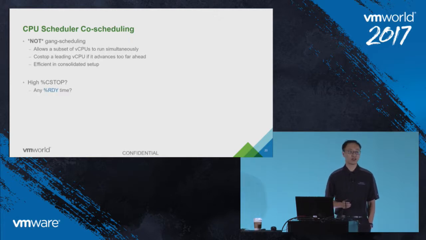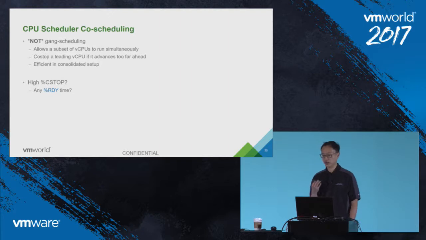First thing to check is if there's resource contention. What people don't realize is that ready time and co-stop time sort of go hand in hand sometimes. If you have resource contention, you might not run some vCPUs, and if those vCPUs happen to be the slower ones, you will co-stop the fast one.